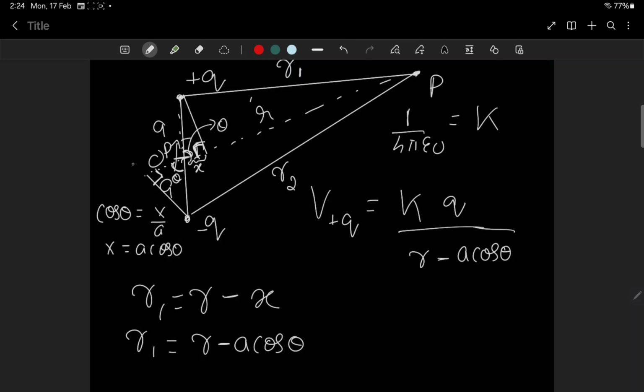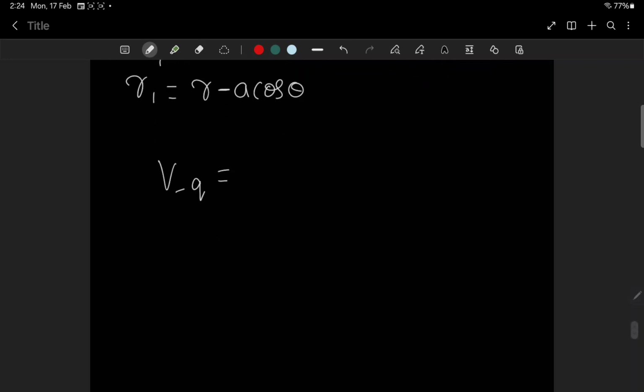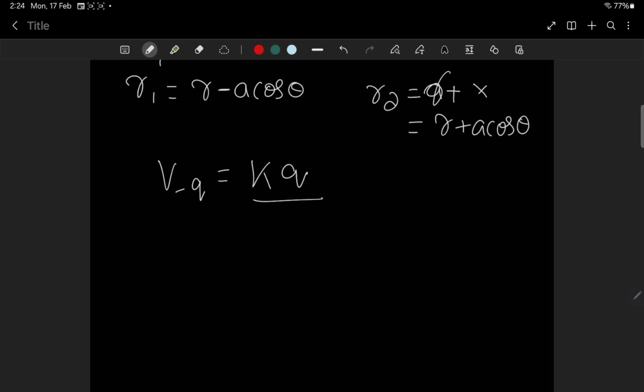Therefore this will be A cos theta. So we have to add R plus A cos theta, we get R2. Therefore R2 is equal to R plus X, that is R plus A cos theta. So K into minus Q by R plus A cos theta.